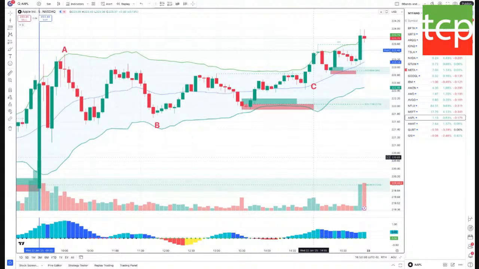Is the price trading above VWAP? That's a criterion. Is price trading above or below the previous day's close? All those things can be programmed into a program, and I just input the stock I want to trade, and it tells me yes or no.